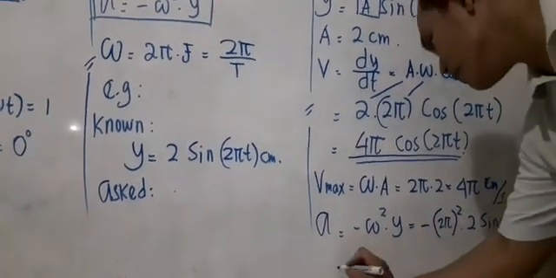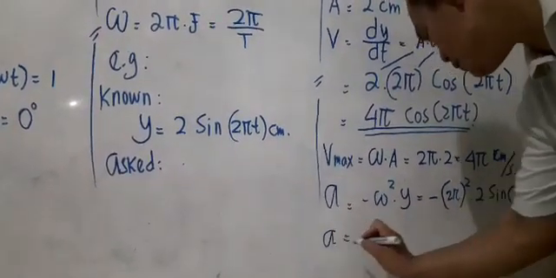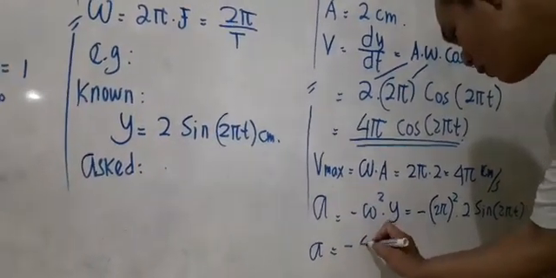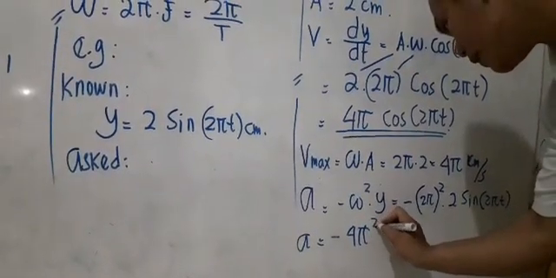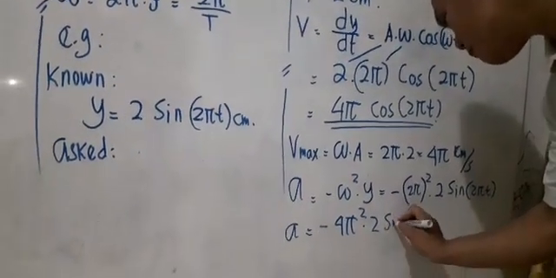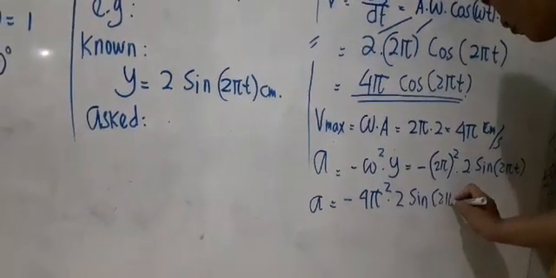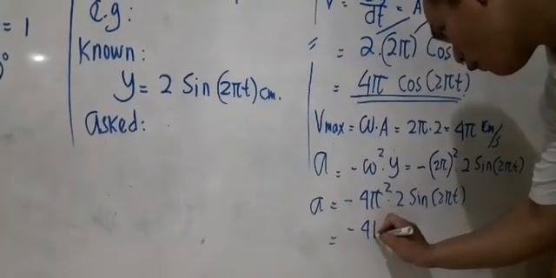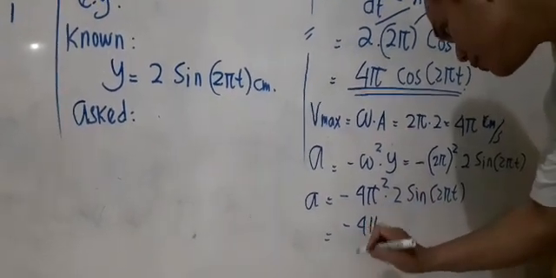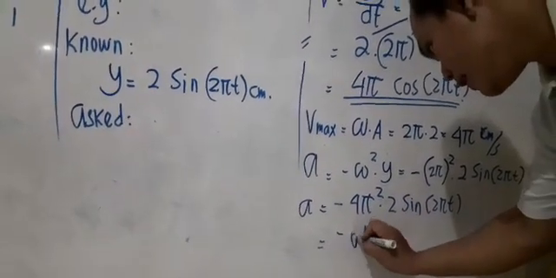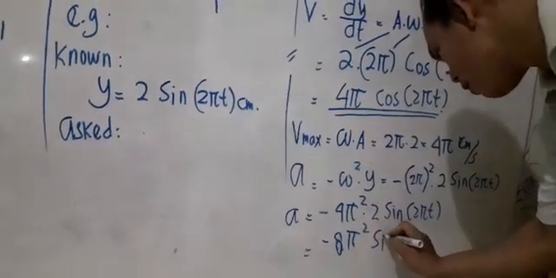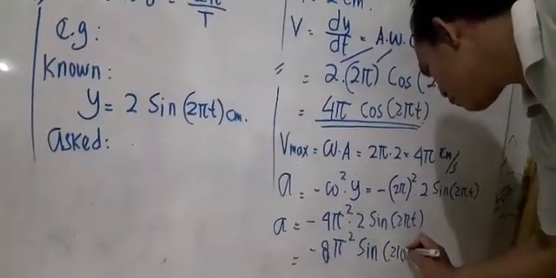So a is equal to minus 4 pi squared times 2 sin 2 pi t, which is equal to minus 8 pi squared sin 2 pi t.